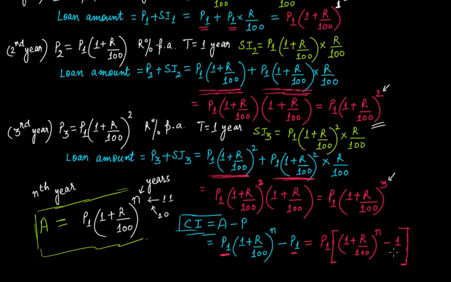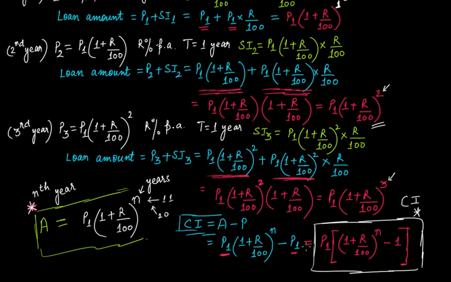The main thing is that you remember this formula for the total amount at the end of the nth year when the interest is compounded annually. Then you can easily find the compound interest, because compound interest is final amount minus principal. You can derive this formula instantly. So this is your formula for the compound interest for the nth year, and this is for the total amount at the end of n years.